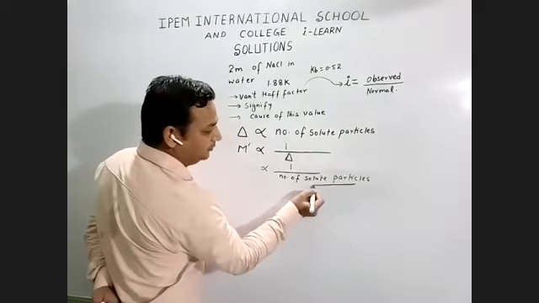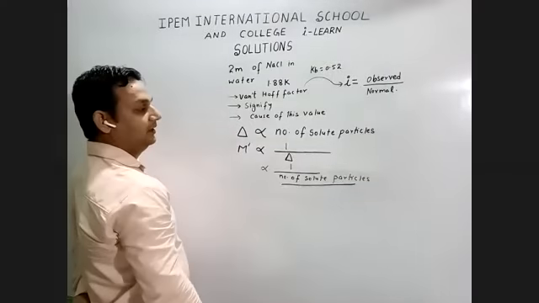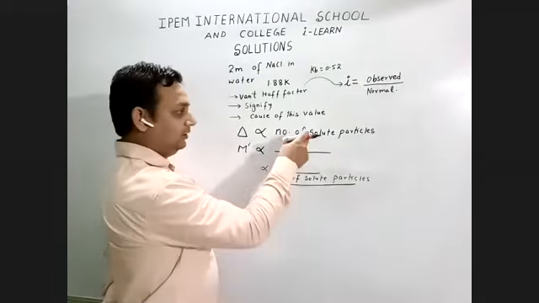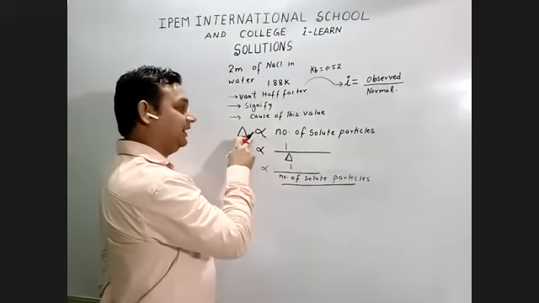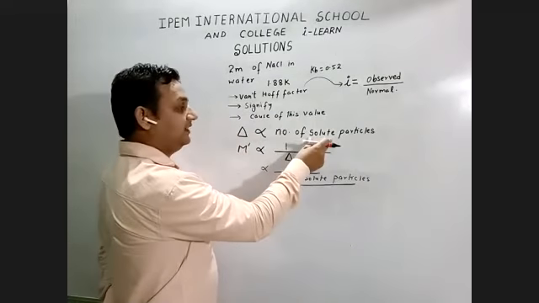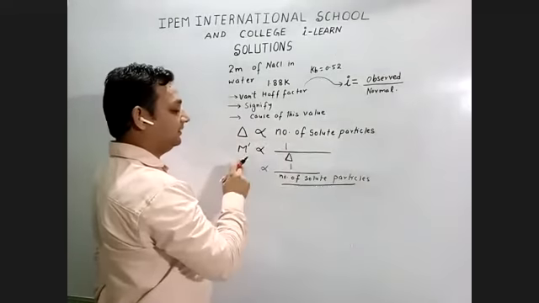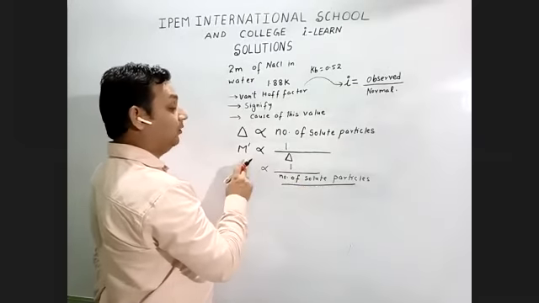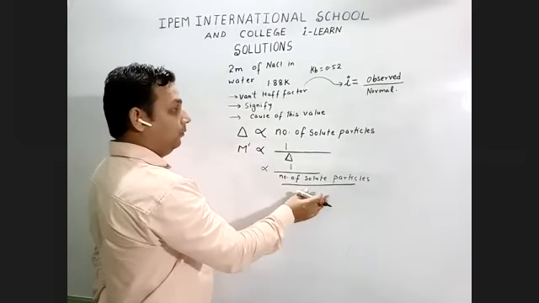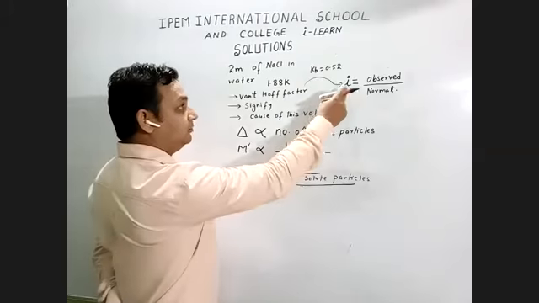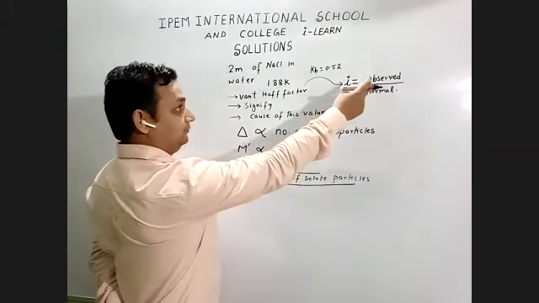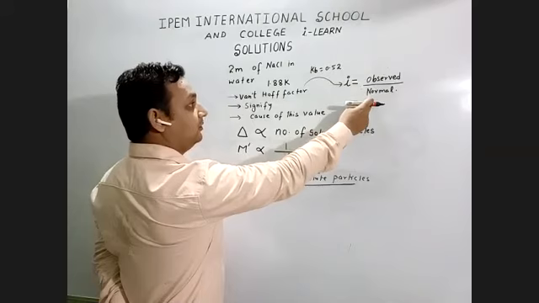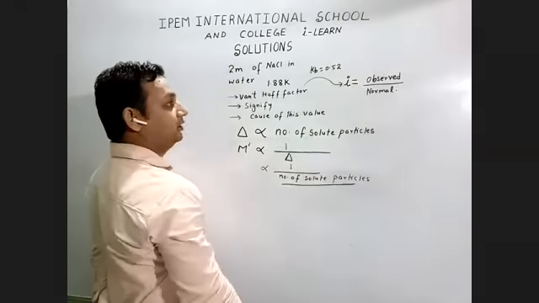Everything depends upon the solute particles. The number of solute particles has a direct relationship with colligative properties, and molecular mass has an inverse relationship. Now, i is the ratio of the observed colligative property value to the normal colligative property.